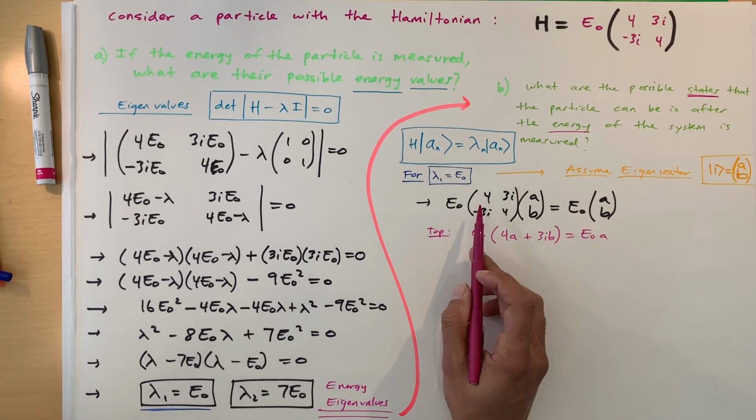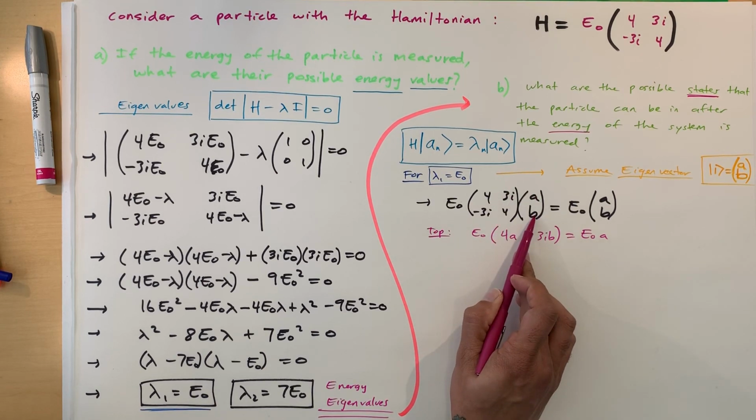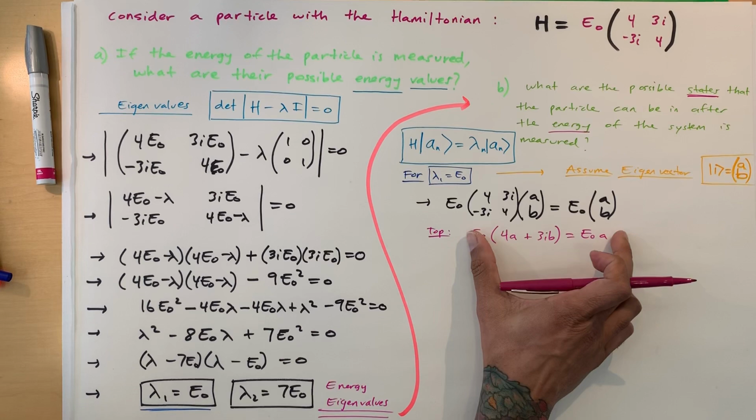So that's what I mean by the top. So we're going to go this times this plus this times this, right? And this one times that. So that's the top part.